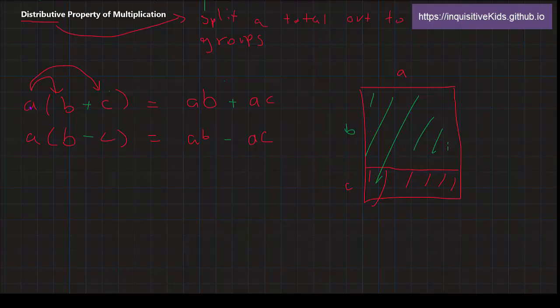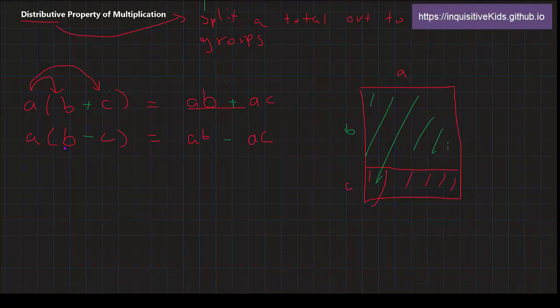So one way you could just do A times B plus C. But you can also split the big rectangle up into smaller rectangles, and then after you do the smaller rectangles, add the smaller rectangles' areas together to get the whole bigger area. So that's how you can split this up into AB plus AC.